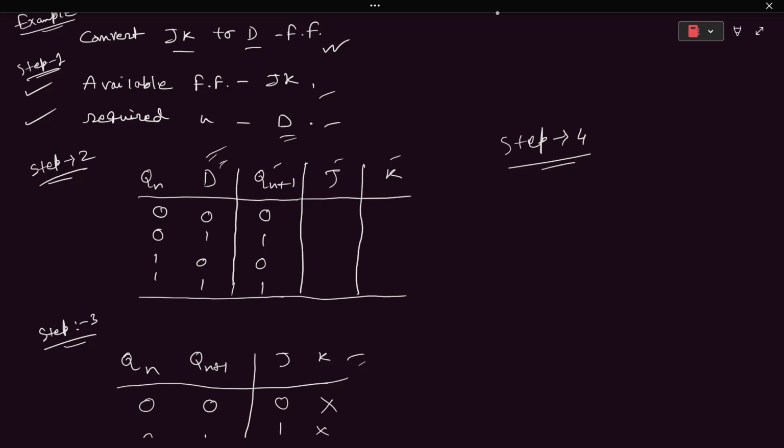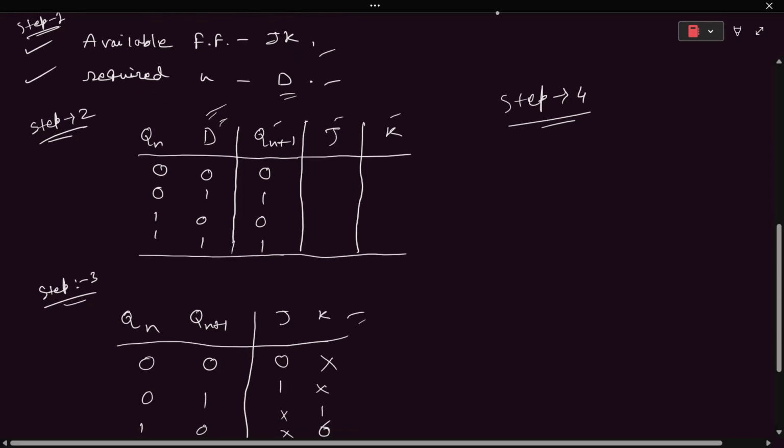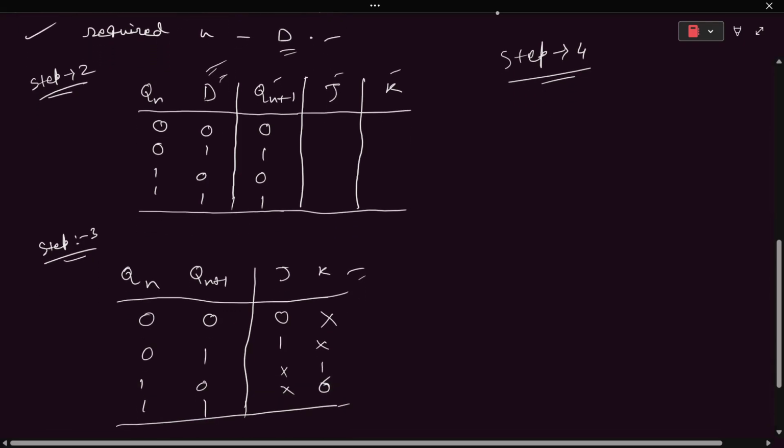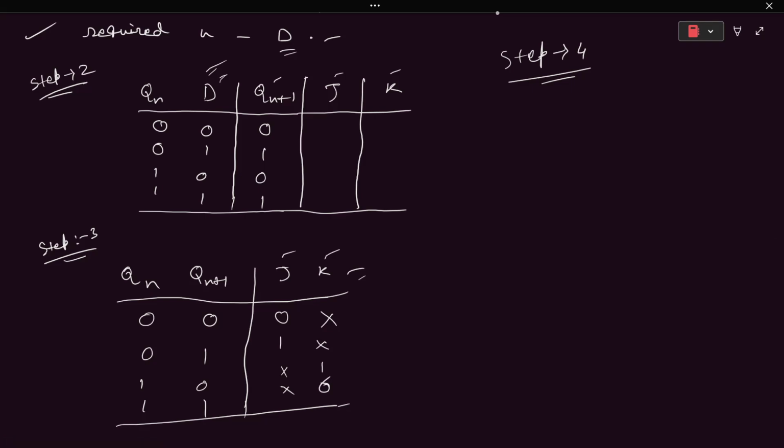for the JK flip-flop available, we write the flip-flop input expressions. We will have the inputs and outputs of the required flip-flop. Here we will have the last stage. So in JK, how will we complete that table? We complete this JK using QN and QN plus 1.